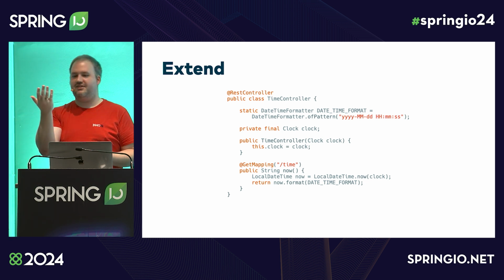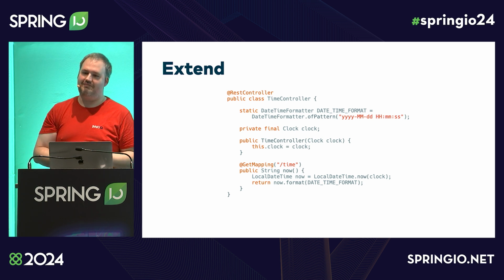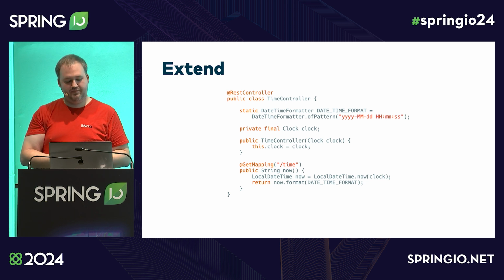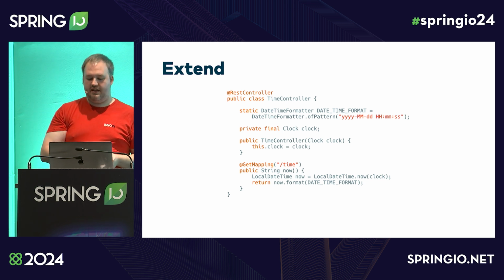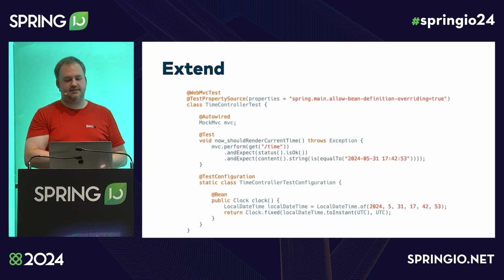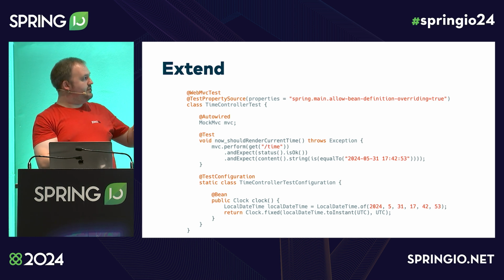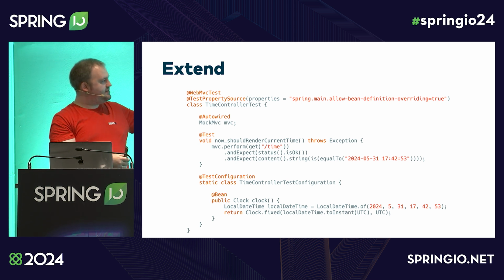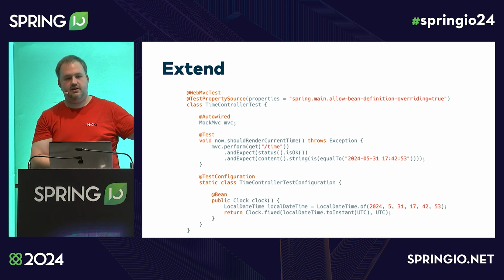But if your project started with 7, 6, or 5, you may have your own abstraction on top of that. So what this allows is we can manipulate time within our test. And for that, we can provide our own test configuration, which constructs a clock with a fixed date.